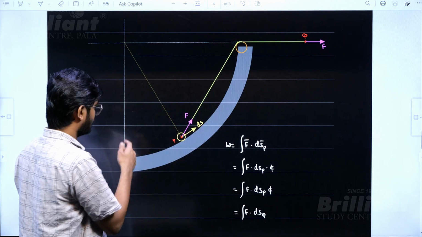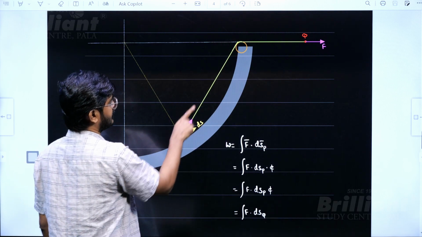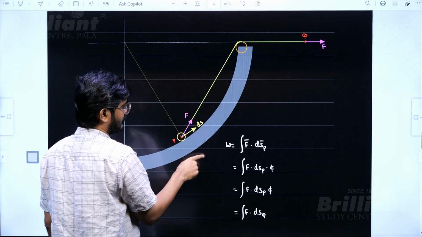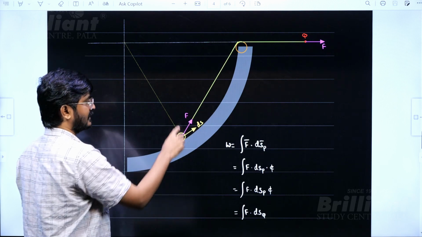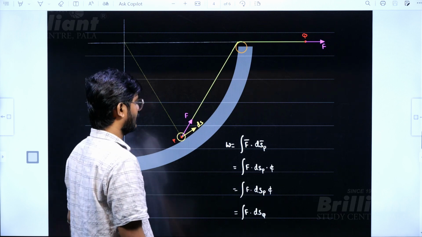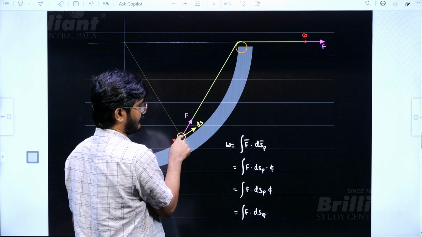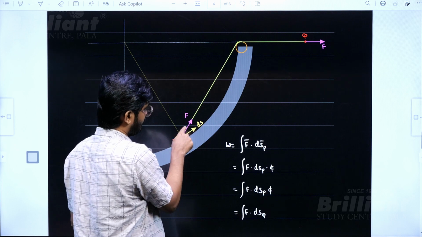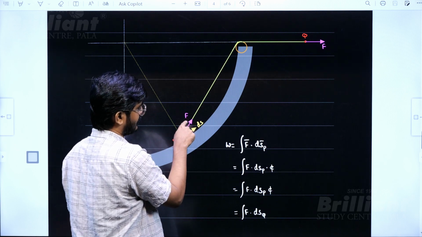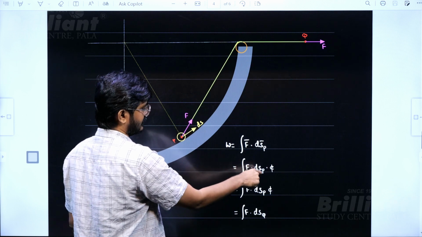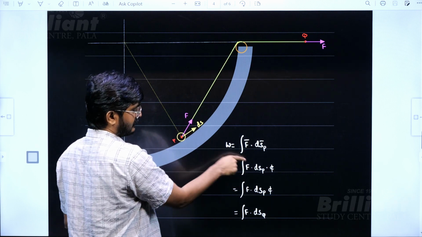So let me talk about some generalized situation. So force is this way, but displacement is going to happen this way, and there is some angle between them. So work done by this force in that small moment will be given by dot product of that force and that displacement of point P. So now if I consider that angle is theta, then work done will be F into ds into cos theta, displacement of particle P into cos theta.